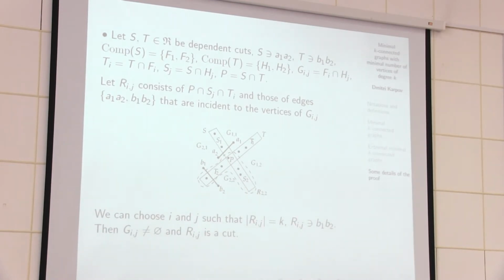This step is not valid if we have a cut with a small component, which is less than half of k. So we cannot use it for any minimal graph, only for extremal ones. Here are the cuts S and T and the two edges.